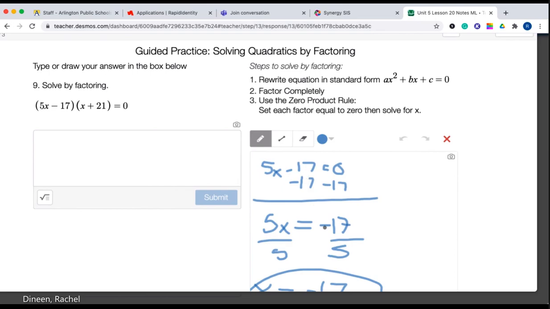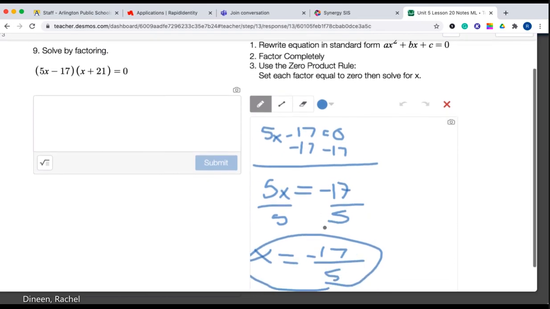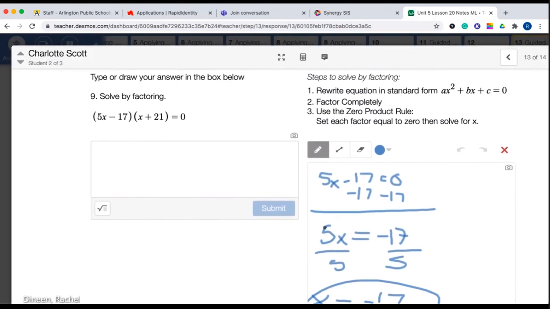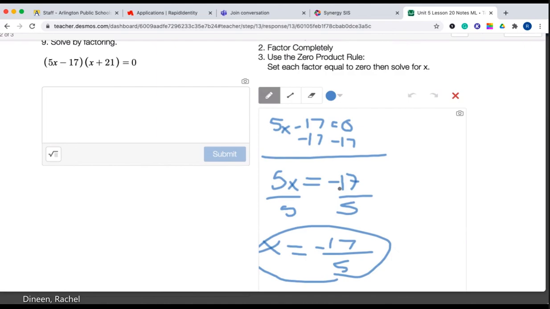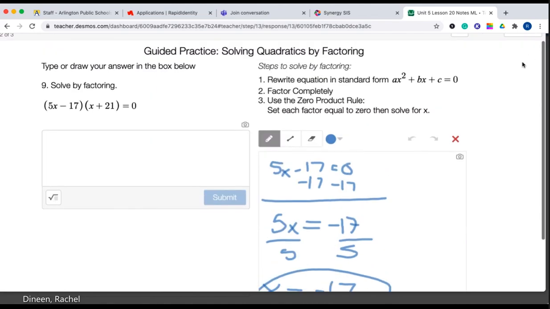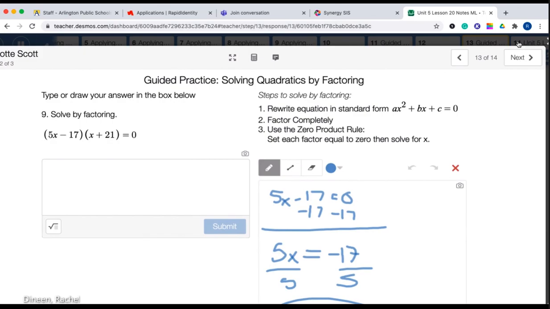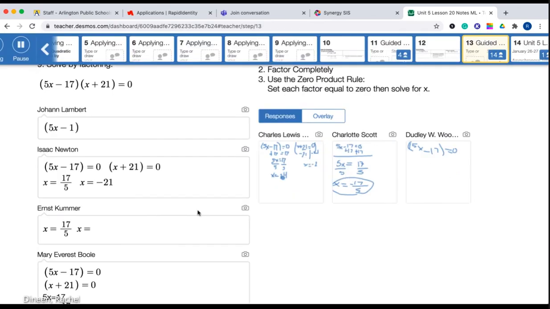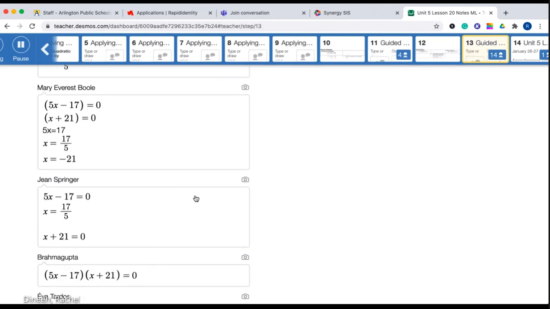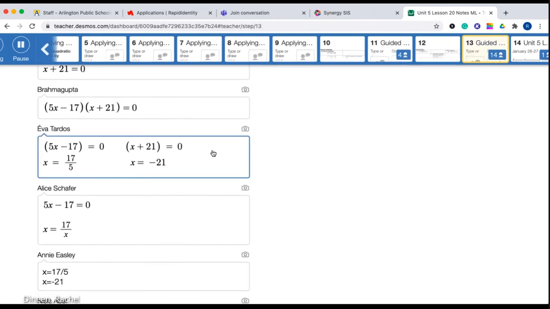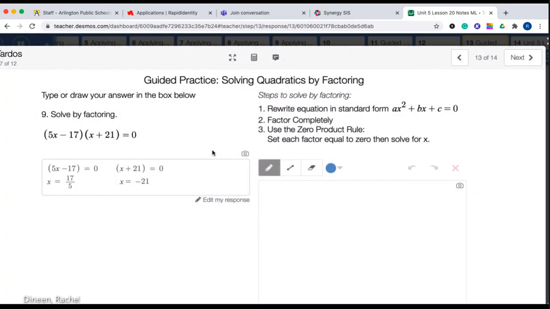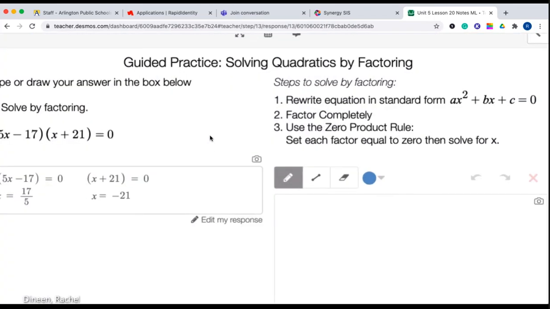So that should be a plus 17, not a minus, because you have to add 17 to both sides. All right, so 17 over 5 and negative 21 are the correct solutions.